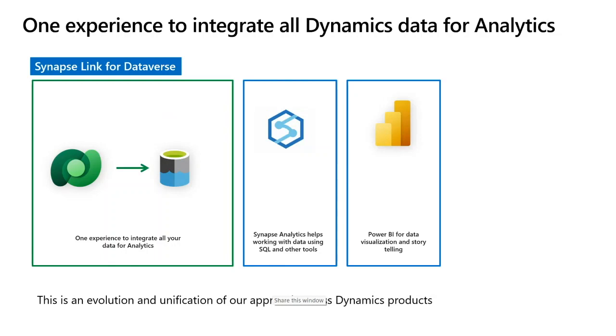If you've been in this Tech Talk series, you know that we made a concerted effort to combine these two products into one family of products, and certainly this is the next step. So essentially, there's one experience to work with all your data and export it to a data lake and work with Synapse and Power BI. So that is what we are going to talk about.